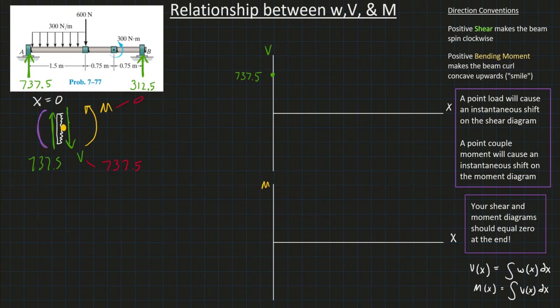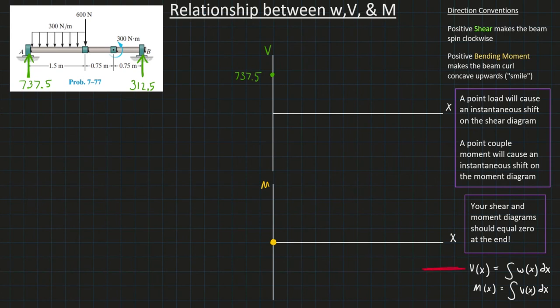Now if I had some externally applied couple moment at this endpoint A, then of course it wouldn't be 0. But basically, since there is no externally applied couple moment at this x is equal to 0 start, my starting bending moment will be a 0. So here it is right there.